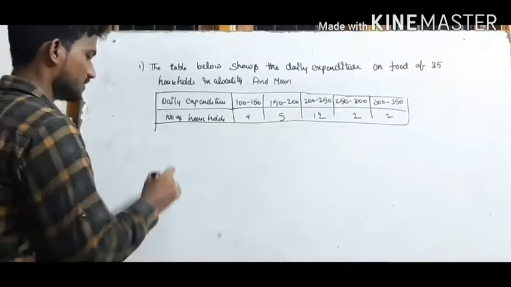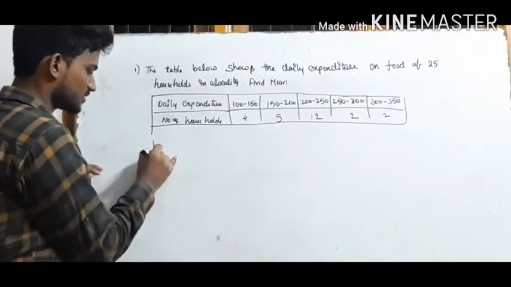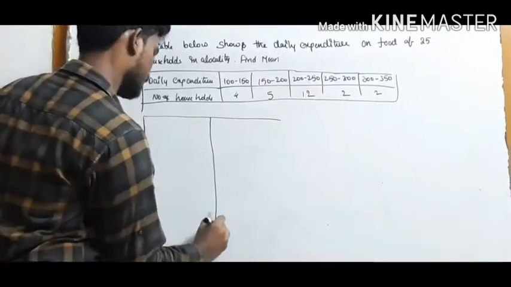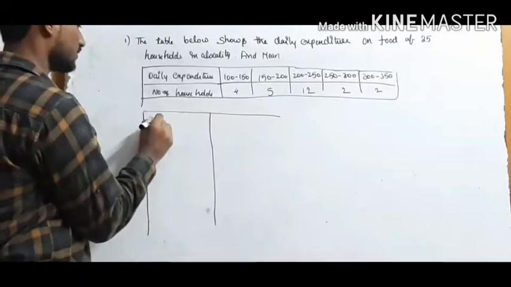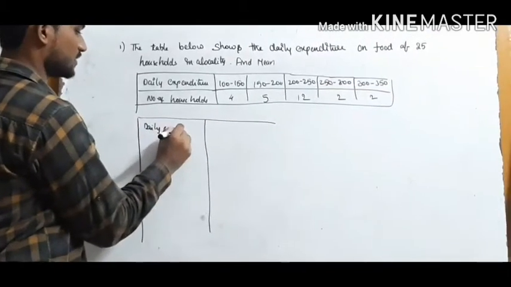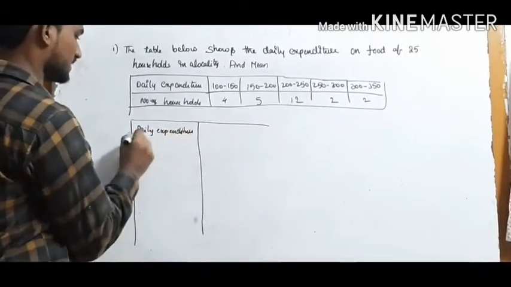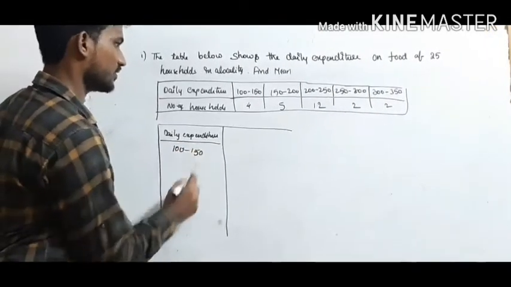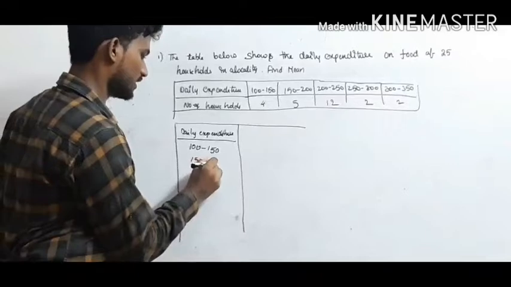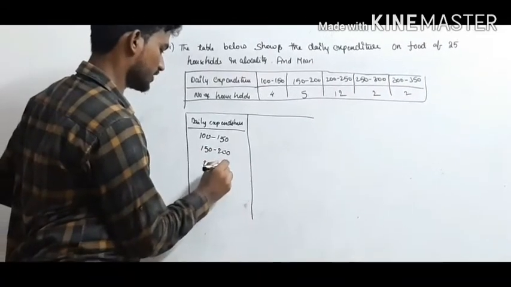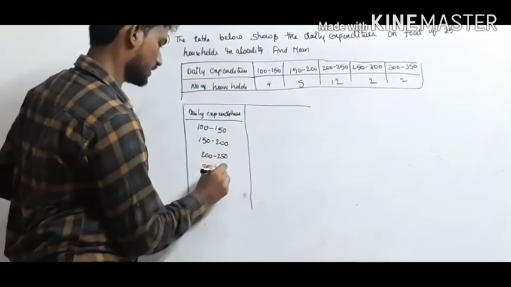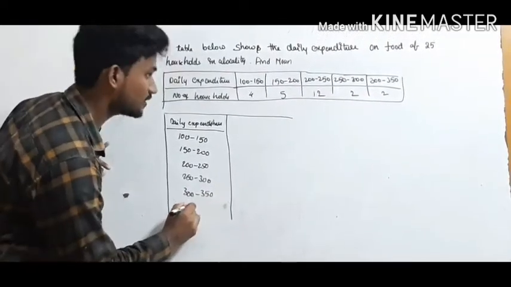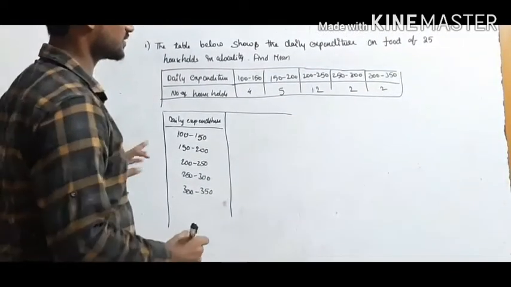We take a table: daily expenditure, known as class intervals, is 100 to 150, 150 to 200, 200 to 250, 250 to 300, 300 to 350, the last.